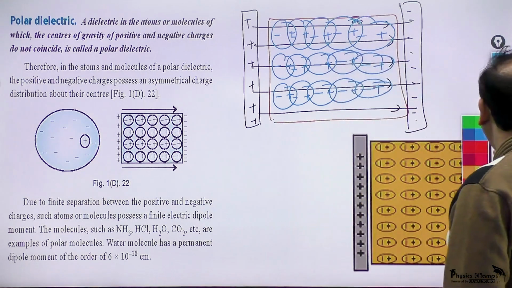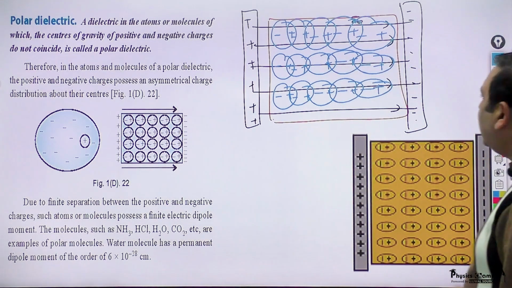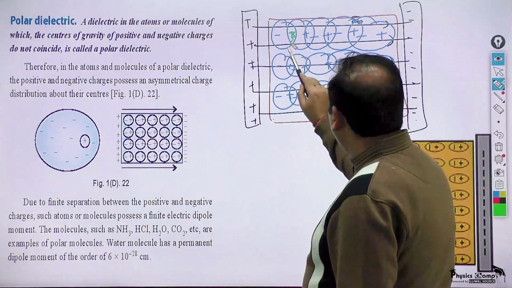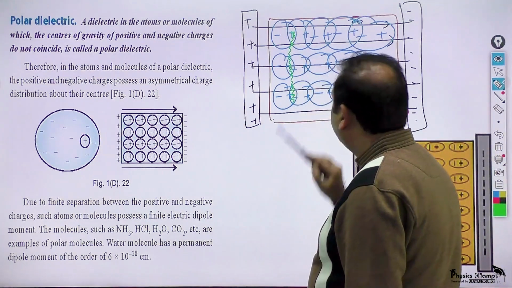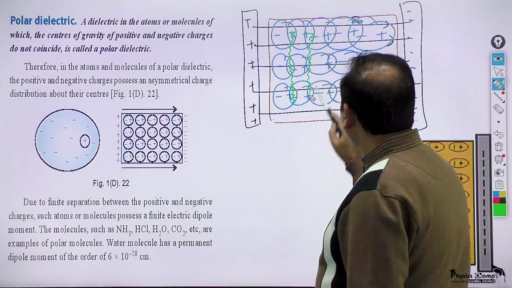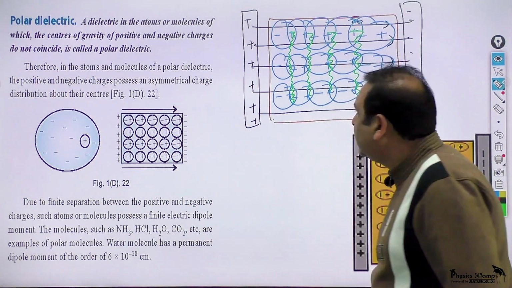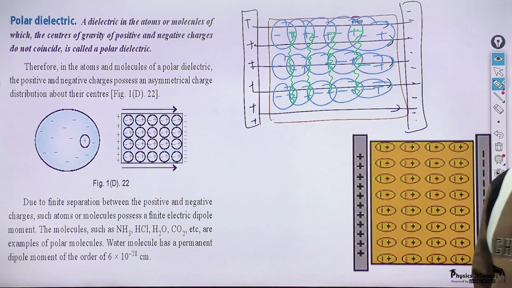Now if you compare the arrangement, here this positive and negative, they overlapped. Similarly, this positive and negative overlapped. Similarly, they also overlapped. So they neutralized each other.